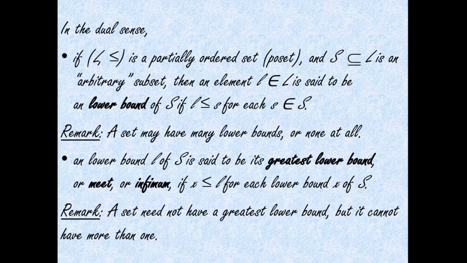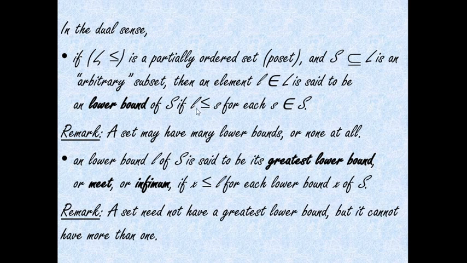In a dual sense, all these things can be said like this. We have a poset, ordered pair L, with a relation less than or equal to. For an arbitrary subset S of capital L, an element small l belonging to capital L is said to be a lower bound of S if for every s belonging to S, l is less than or equal to s.